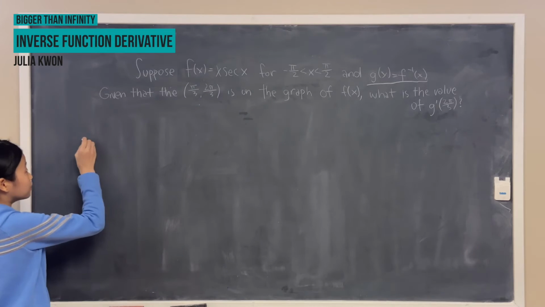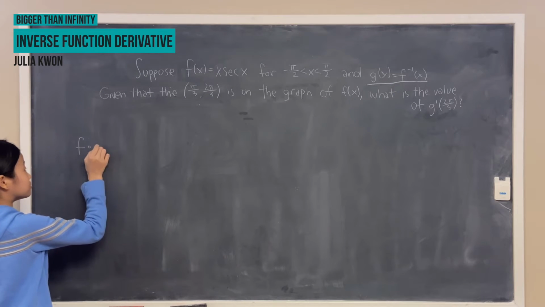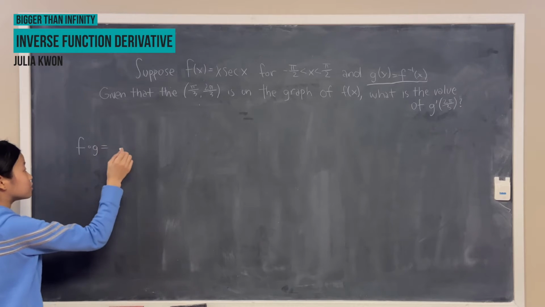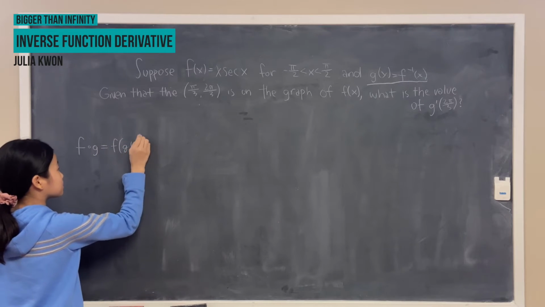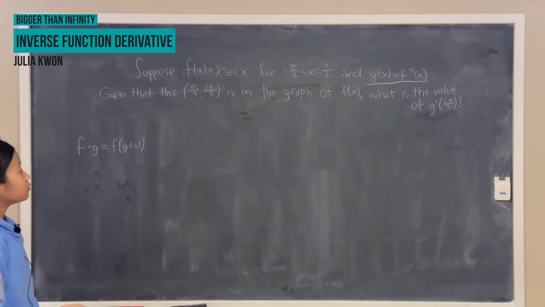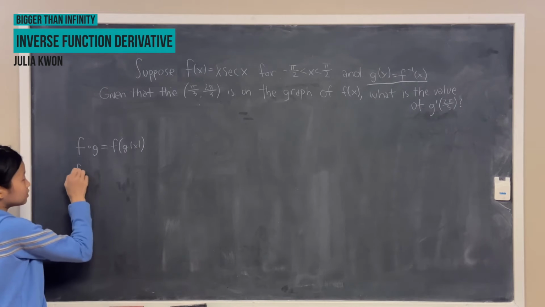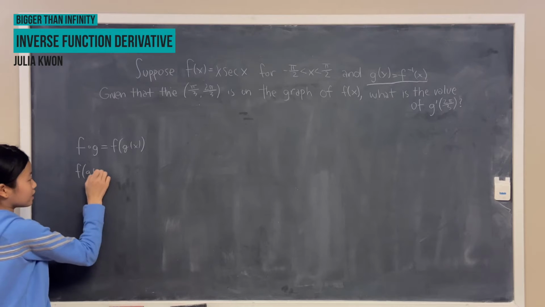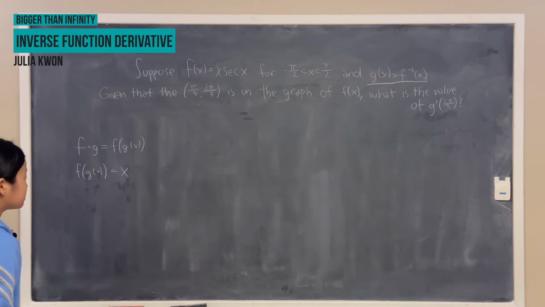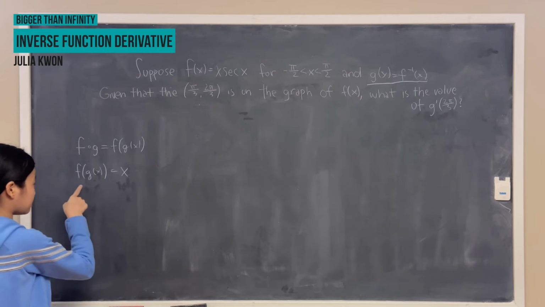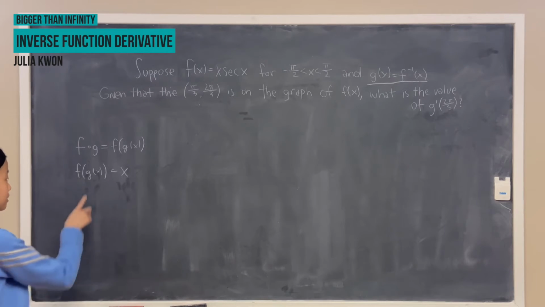So if we use f of g, this is equal to f of g(x), and we know that f of g(x) is equal to x, since g is the inverse of f.